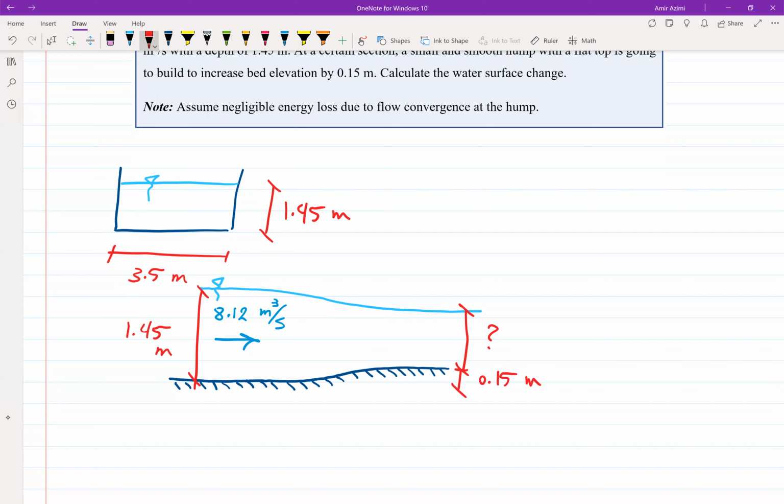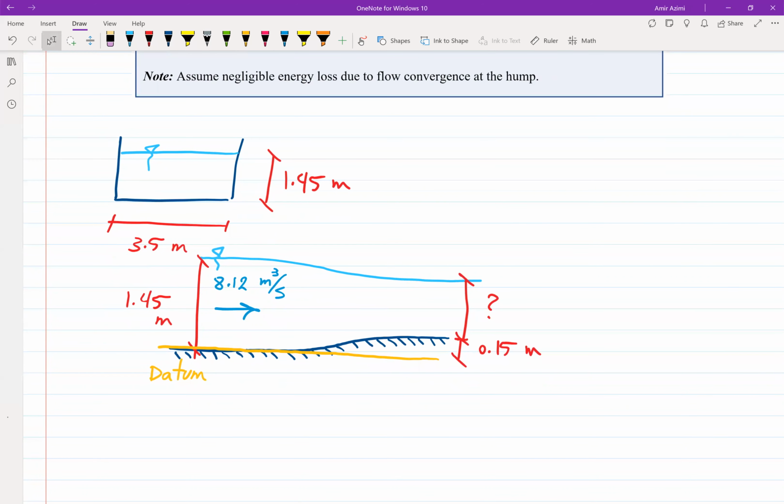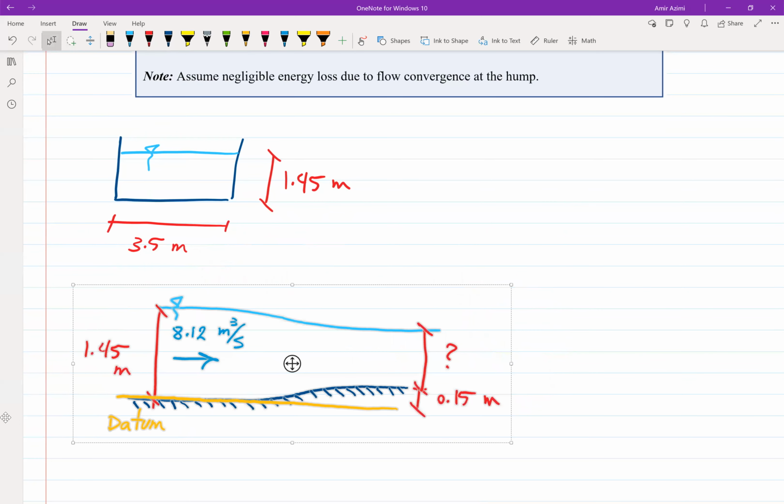So we can use the combination of energy equation and continuity equation. The first step is to set up a datum line. So I use this as datum. So we have two sections, section 1 and section 2. So let me move this one a little bit down here.